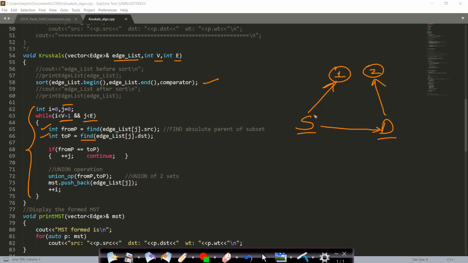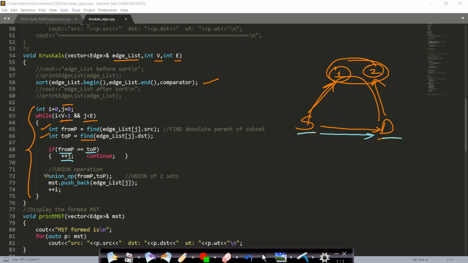Otherwise, if the absolute parents of source and destination were the same, then there would already be a path from source to destination, and by adding a new path we would just form a cycle. So in that case, if p equals 2p, that is, the absolute parents of both source and destination are the same, then we will simply skip that edge, because adding it will create a cycle.